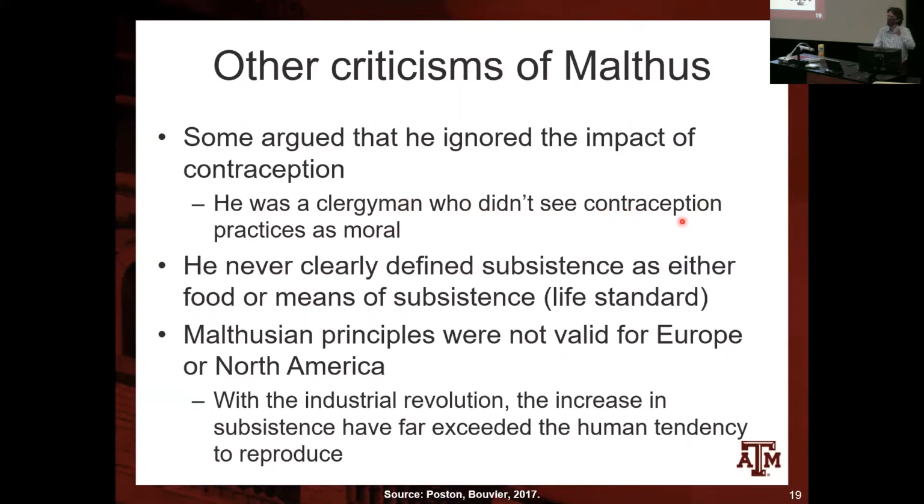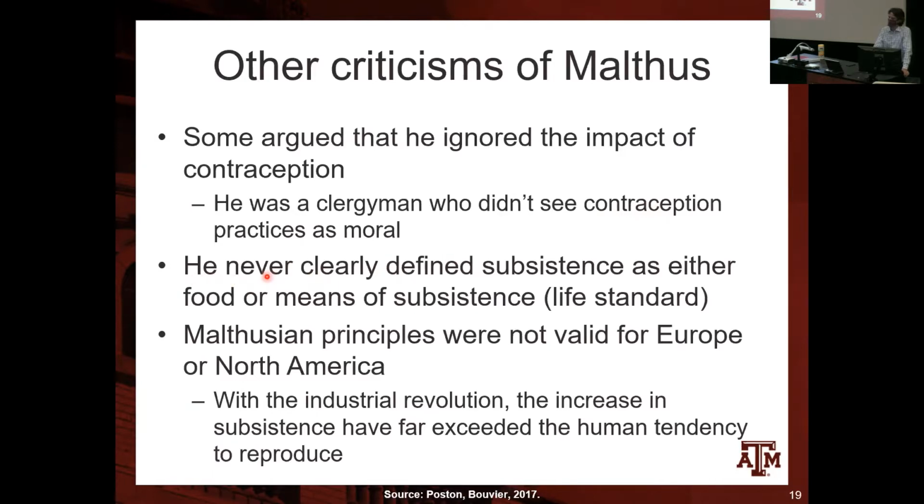He saw abstinence before marriage and getting married only when you can afford to have children as correct ways to prevent population growth, but not the use of contraception to avoid fertility. That was not accepted under his religious beliefs.